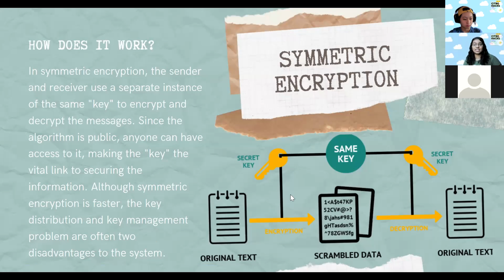So basically what this means is that this algorithm is made known to the public. However, that specific key is left unknown to the public. So if you receive an email from someone, the only link between your email and the sender's email is a specific key that we know is kept secure.